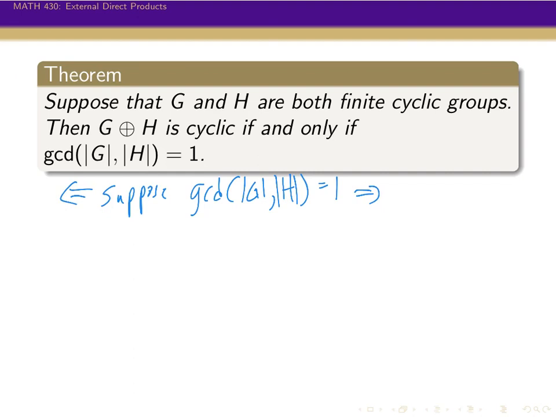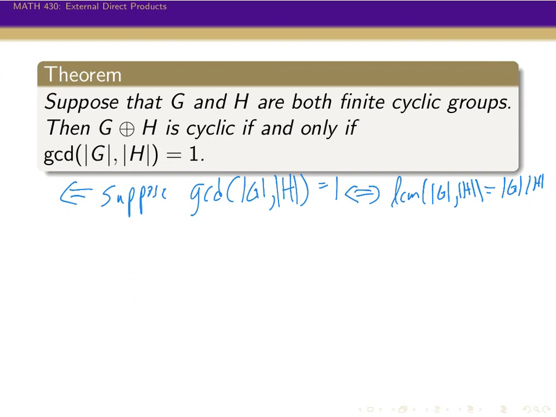Then this means that the LCM of the orders of G and H is equal to the product of the orders. In fact, this is an if and only if statement.